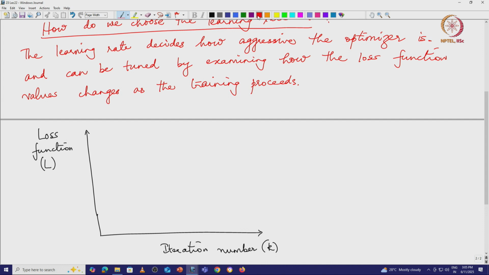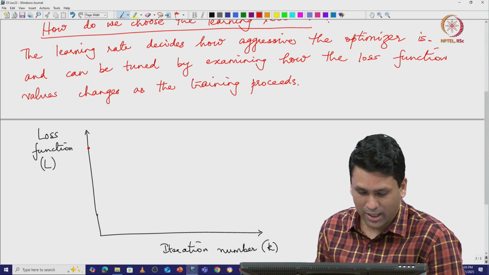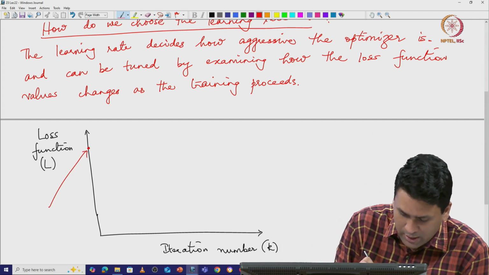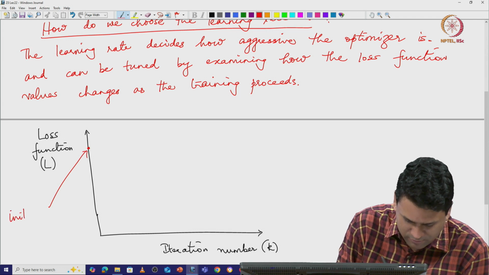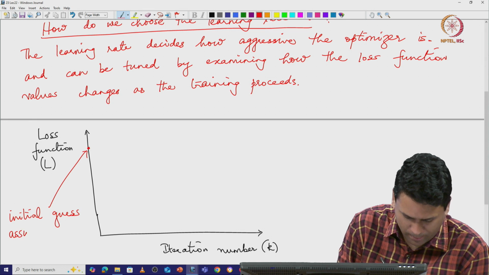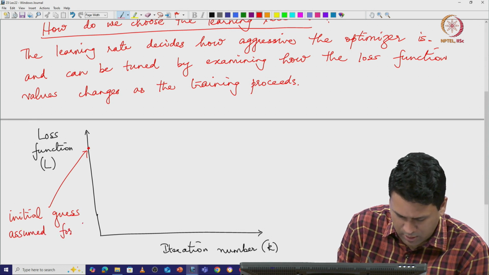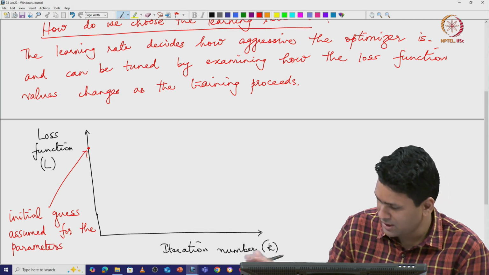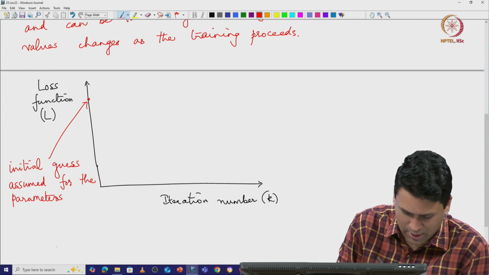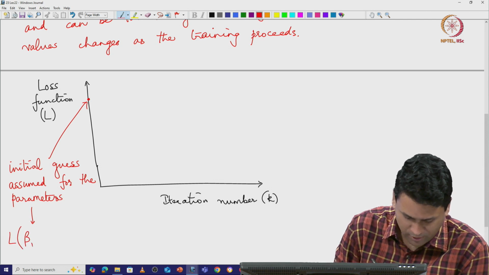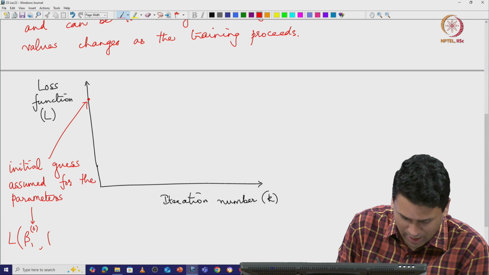Your loss function versus iteration number curve, let us say you start at this value of the loss function, and that corresponds to whatever initial guess you have taken. So this point depends on the initial guess assumed for the parameters. The value would be basically the loss function as a function of the parameters at the 0th iteration.